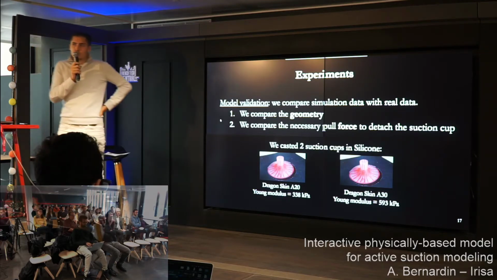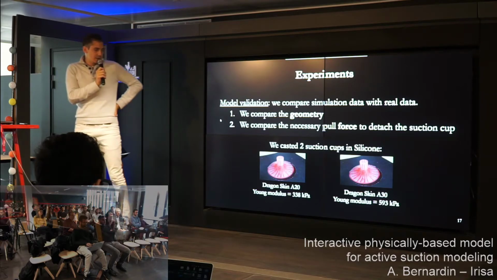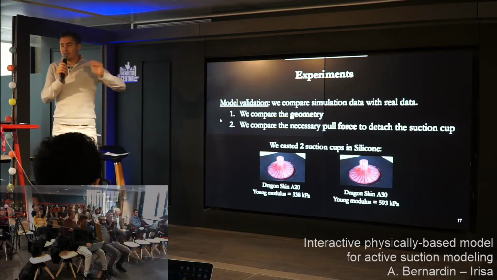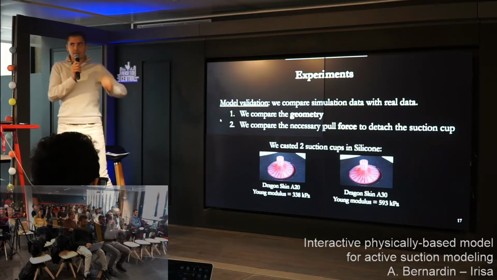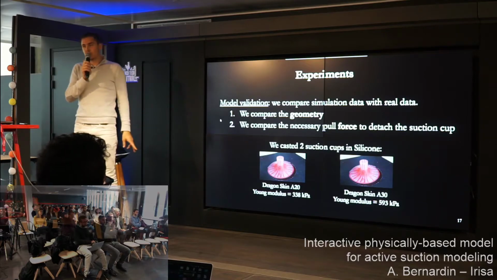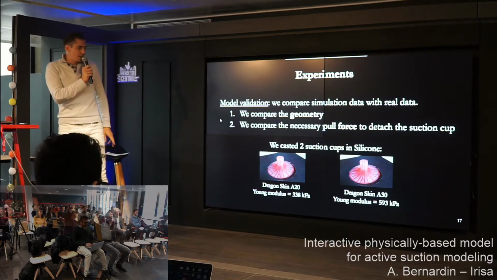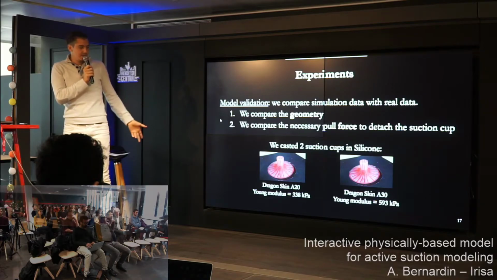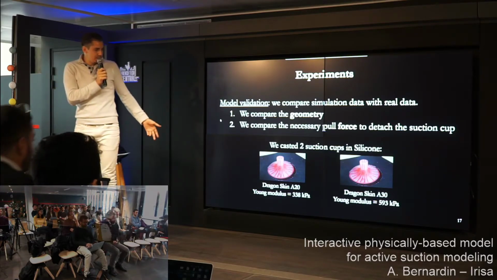For these two experiments, we cast two suction cups. First we 3D print a mold, and then we cast in silicone these two suction cups in two different industrial materials, knowing their mechanical properties, so actually the Young modulus.